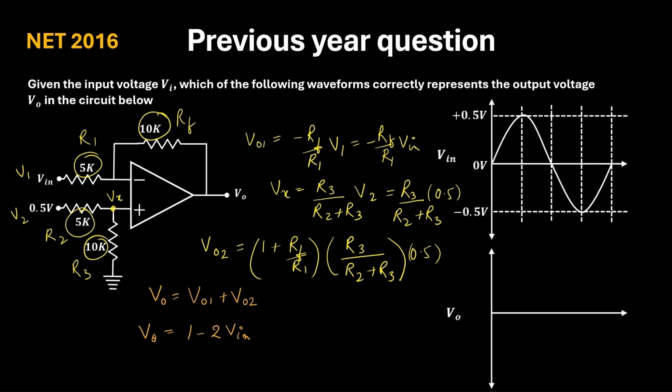See, V2 is constant, but V in is varying with time. So using this information, we can predict the output wave pattern.